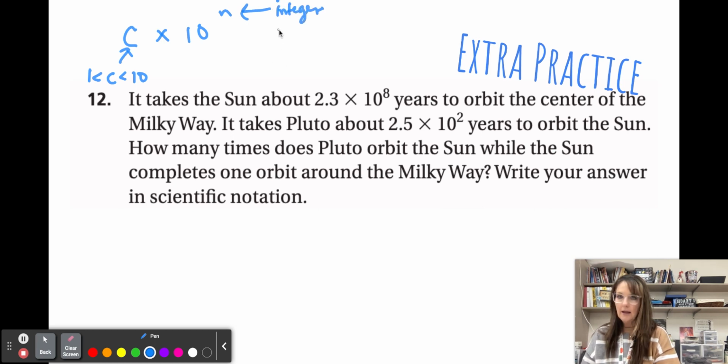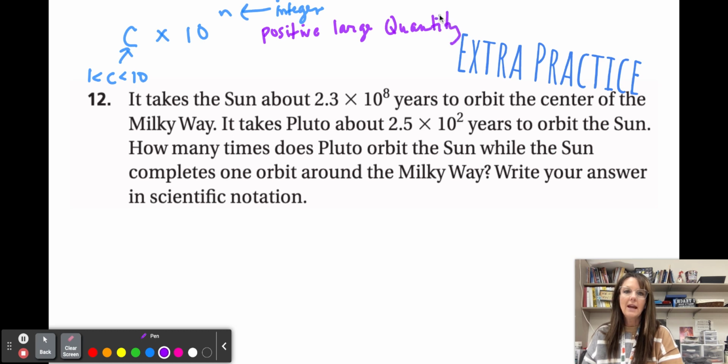Okay? If n is positive, we're talking about a large quantity, like greater than 1, right? Greater than 0. And usually scientific notation is used so that, like, 10 to the 8th, that's 8 zeros.